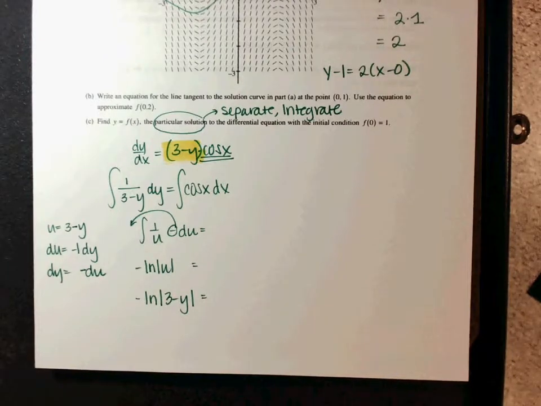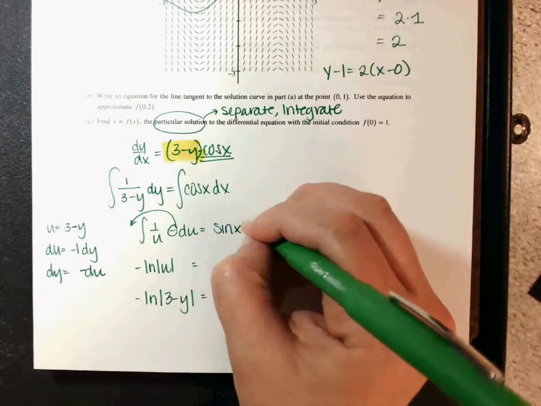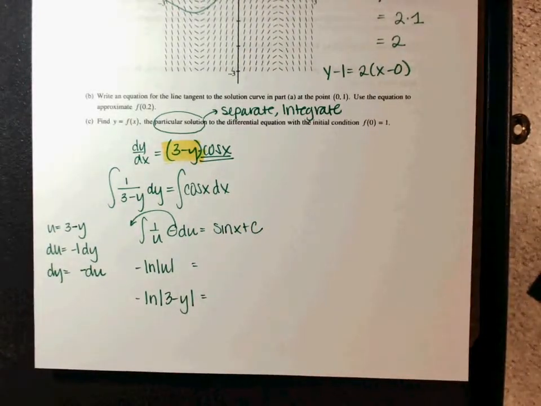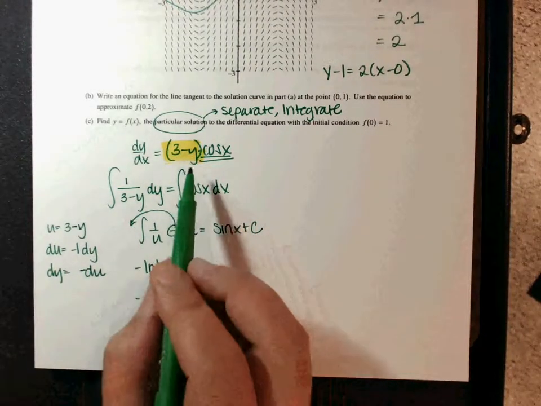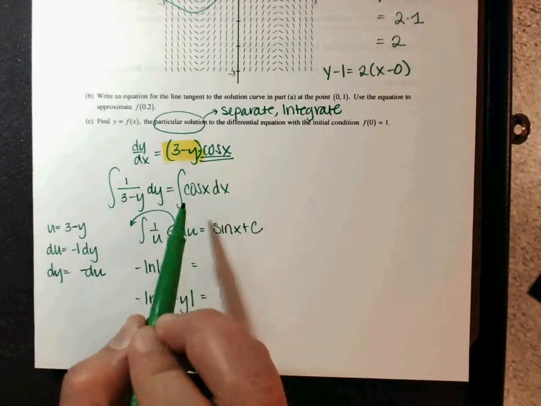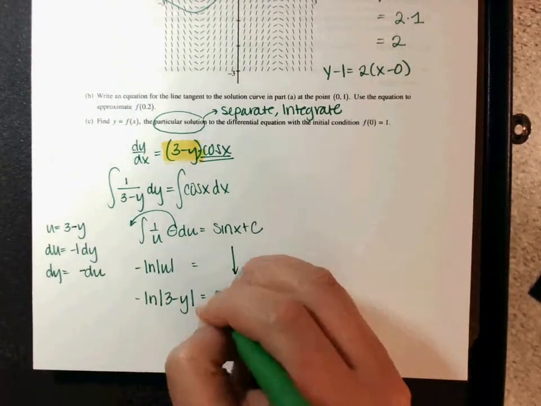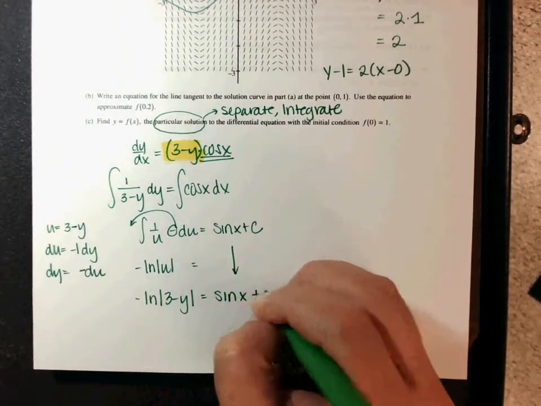So from there, integral of cosine is going to be sine x plus c. Remember, at this point, I already have 3 points. 1 for separating, 1 for integrating over here, 1 for integrating over here. I'll get a 4th point if I find my constant. So I'm going to carry this down since that didn't need really any extra steps.